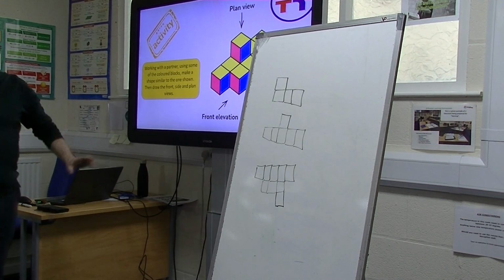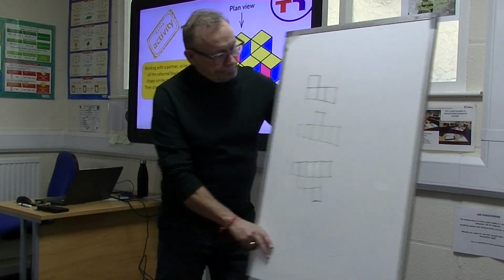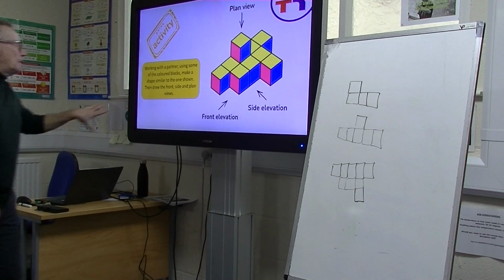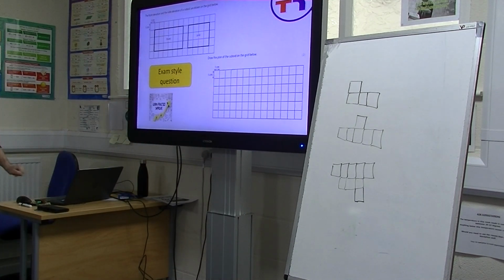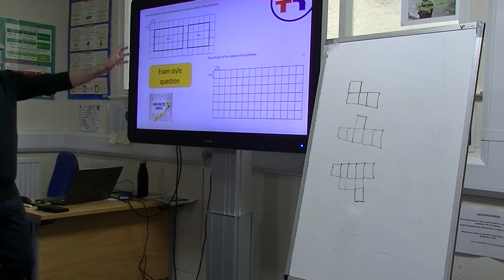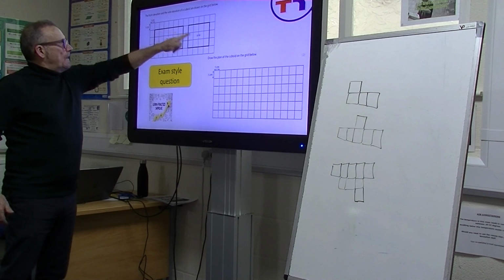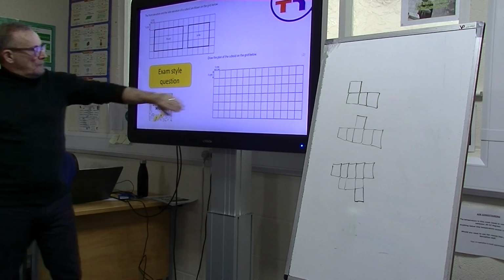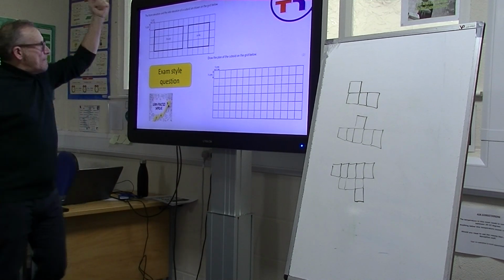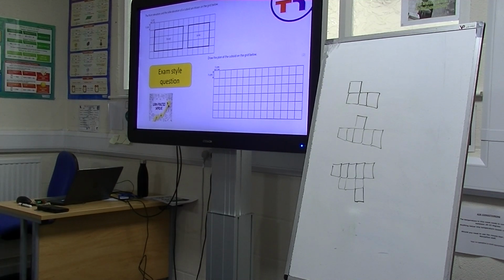So what you would get in an exam question, you would get a little picture like this, for example. The front elevation and the side elevation of a cuboid are drawn on the grid below. So there's the front, there's the side. What you've got to now draw is the plan. Imagine you're flying over the top of it.